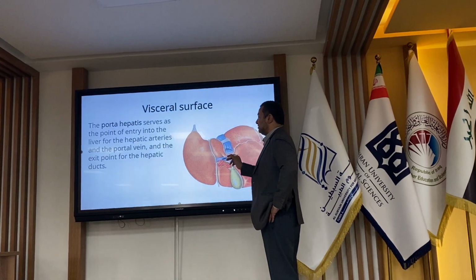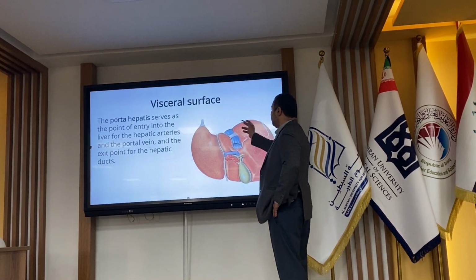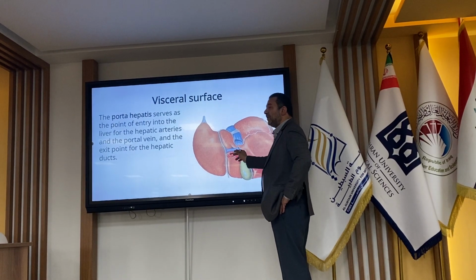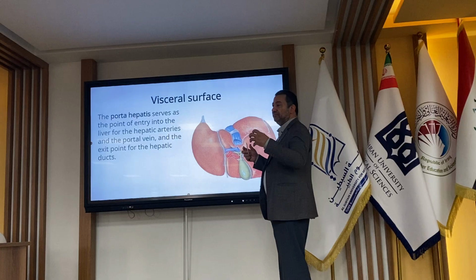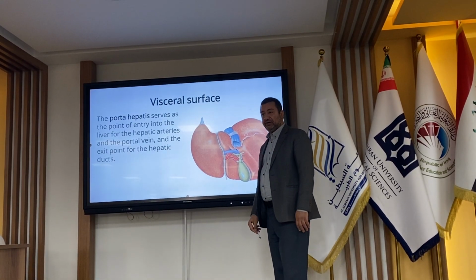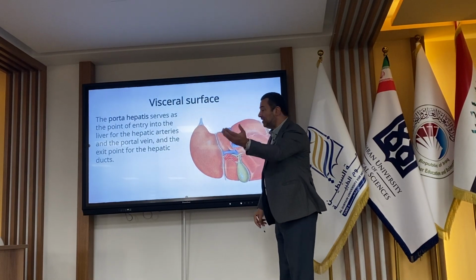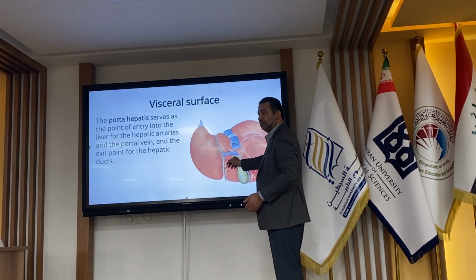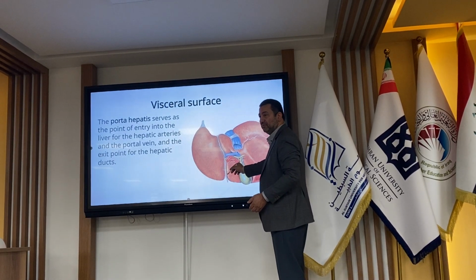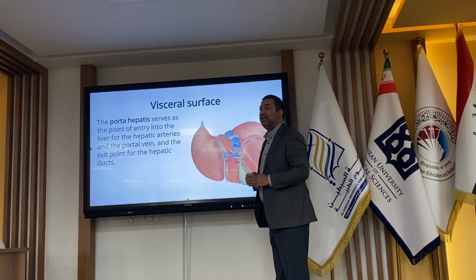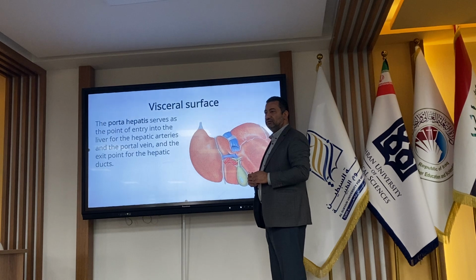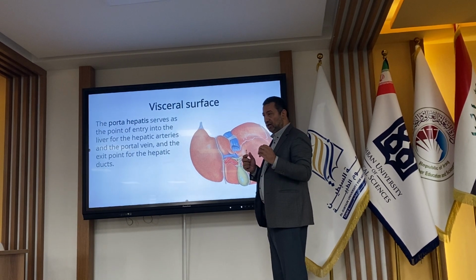Here is the porta hepatis. In the inferior surface of the liver, in addition to the porta hepatis that is located transversally, there are two anterior-posterior sulci. On the left anterior-posterior sulcus, anteriorly, there is a ligament called ligamentum teres hepatis. Teres means round. Yeah?